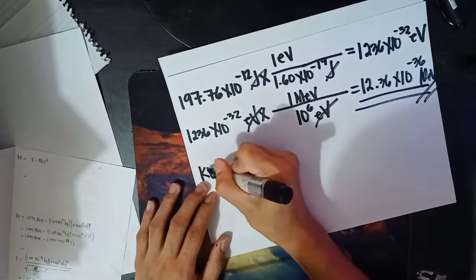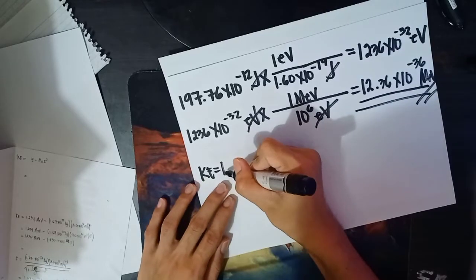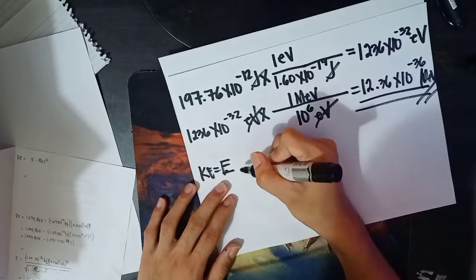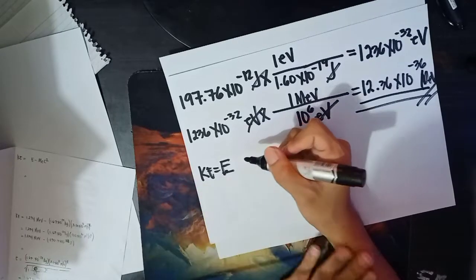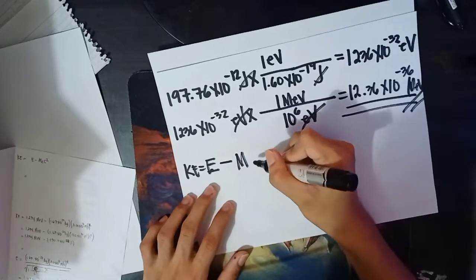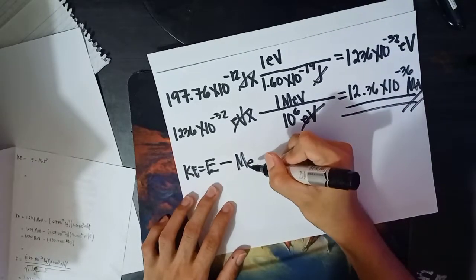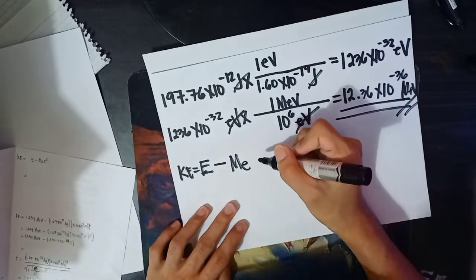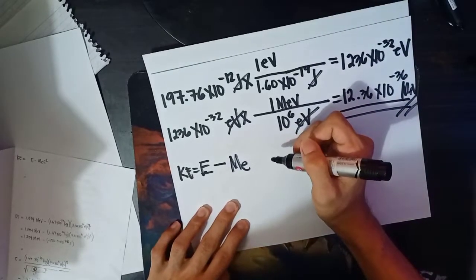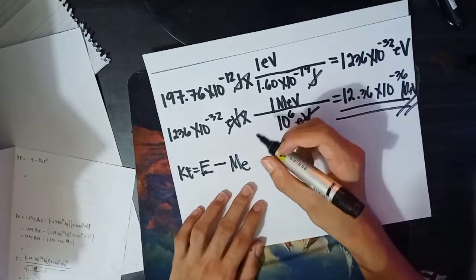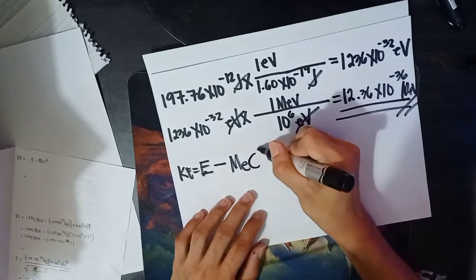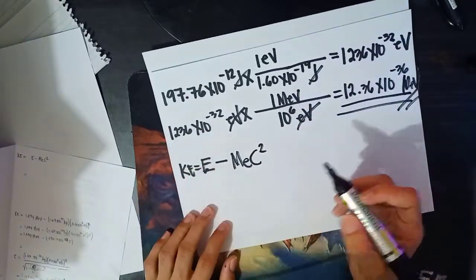Kinetic energy is equal to the relativistic energy minus mc squared, where m is the mass of an electron or a proton, depending upon the given problem, and c squared is the speed of light squared.